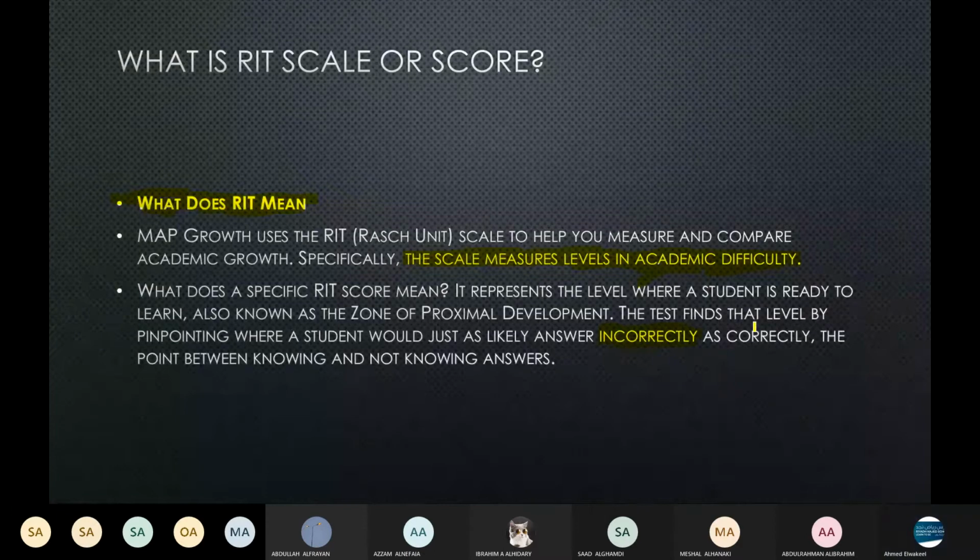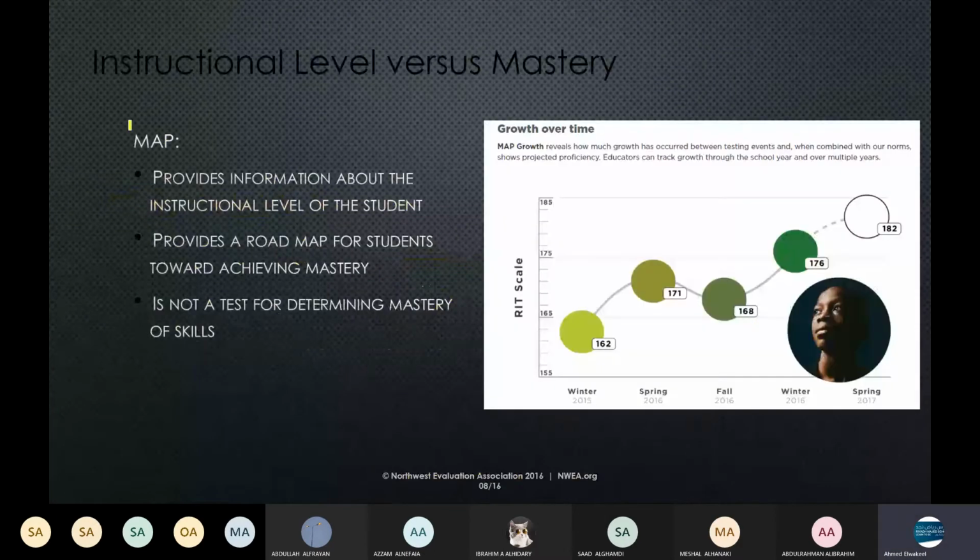Of course, MAP provides information about the instructional level of the student and also provides a roadmap for students towards achieving mastery. It is not a test for determining the mastery of skills. We just are setting you on the road to mastery. So we're not testing your mastery. We just need you to become masters.